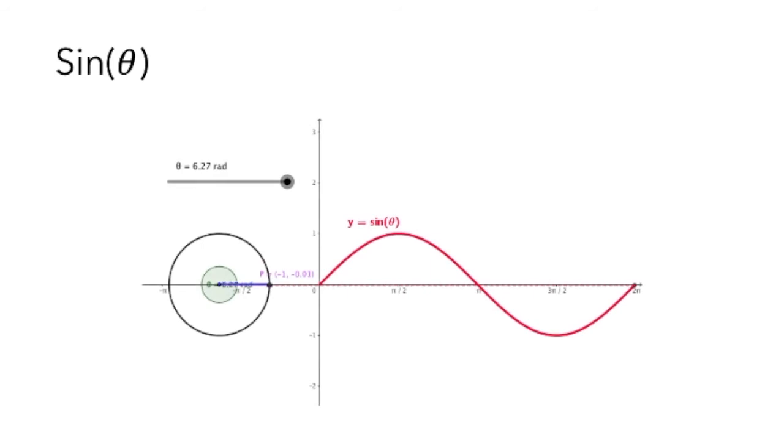This is a graph of the function sine of theta. What would a graph of the derivative of this function look like? Let's rewind this, and now let's zoom in a bit on the unit circle.